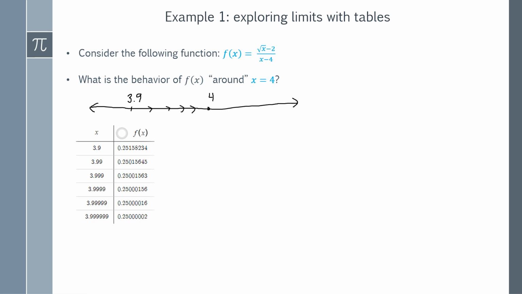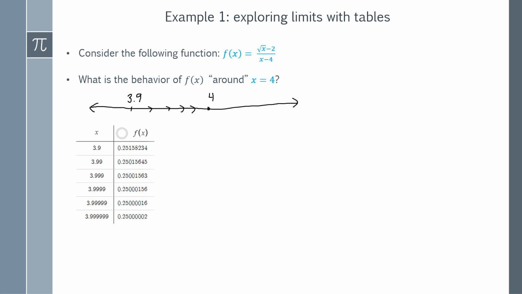Okay, now as you can see, I am using Desmos to construct this table. Once you plug in your equation for x, okay, so f of x is equal to square root of x minus 2 over x minus 4. These values are computed automatically, and of course you can just use your calculator to confirm these values.